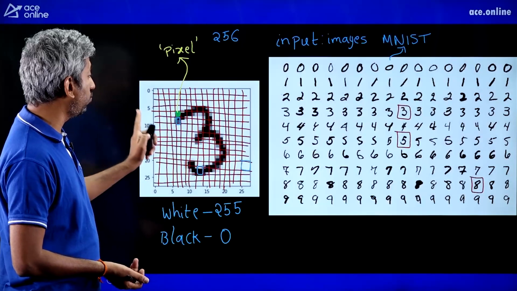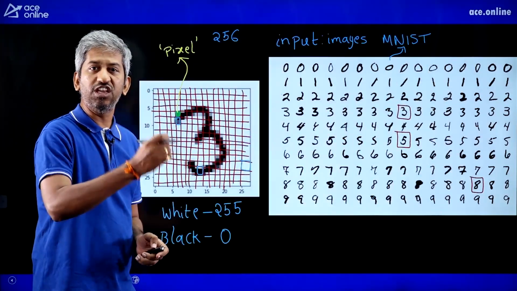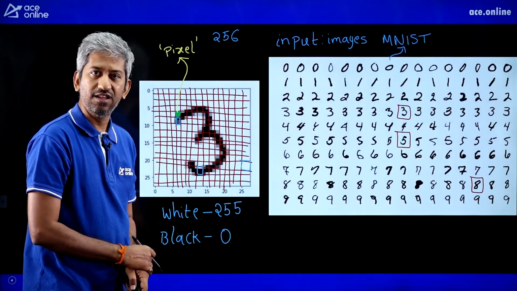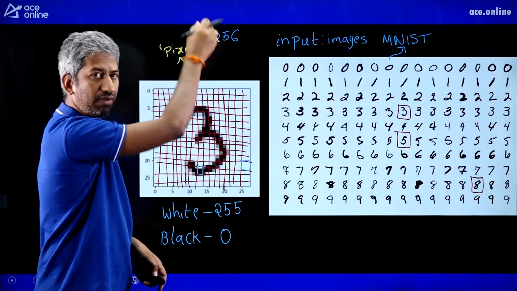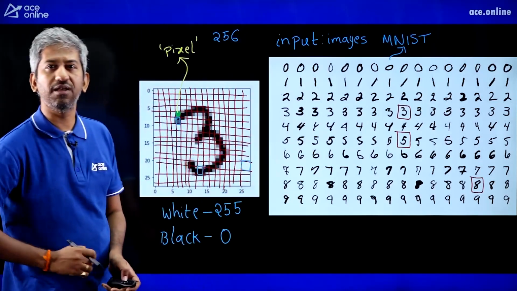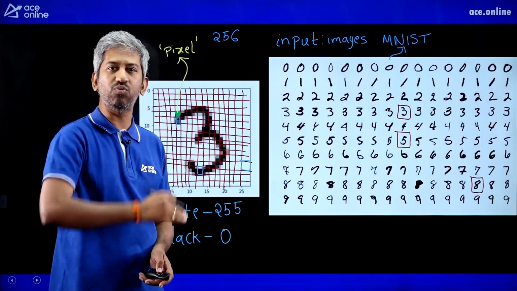Here we don't have just one image. We have 160 images. For each and every image, we are getting 900 numbers. First image, all the 900 numbers. Second image, all the 900 numbers. Third image, all the 900 numbers. Fourth image, all the 900 numbers, like that up to 160.